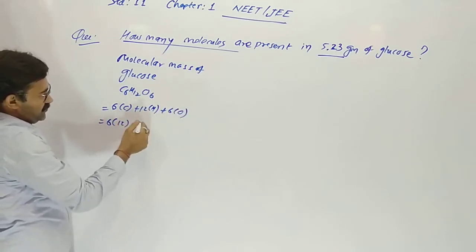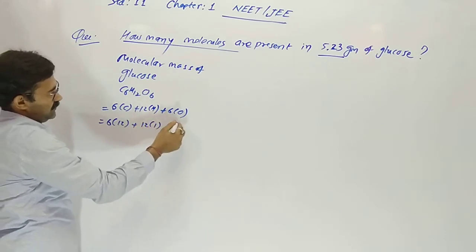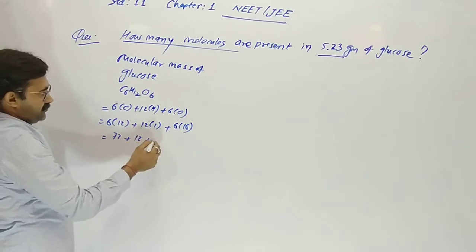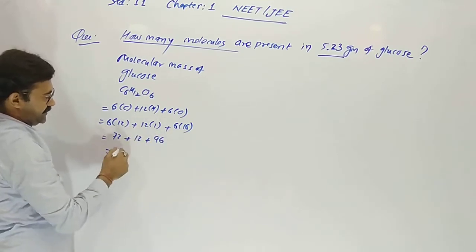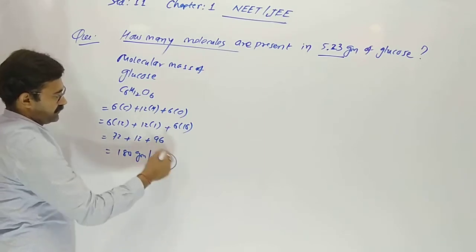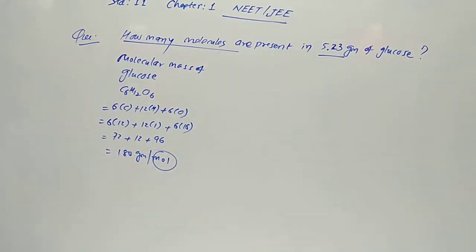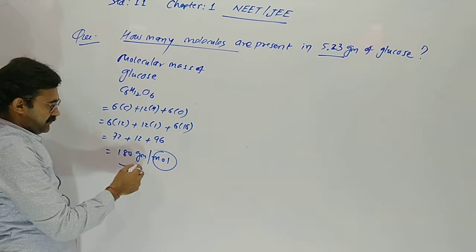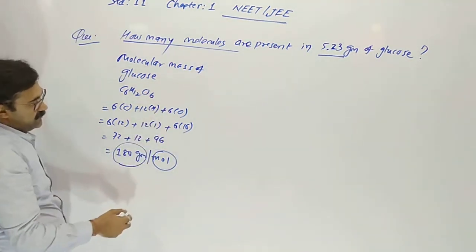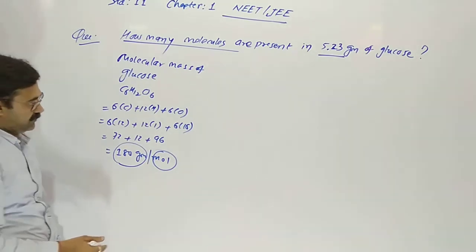So here is 12, 1 and 16: 72, 12 and 96. 180 gram per mole. Per mole means 180 gram equal to 1 mole. So 5.23 gram, how much?